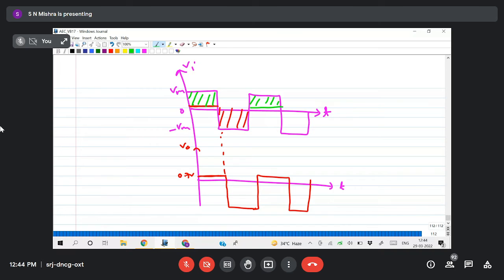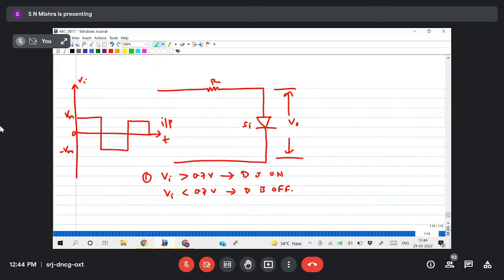Okay, understood. Now tell me, if I change the diode polarity, then what will I get? First ideal diode, then practical diode.